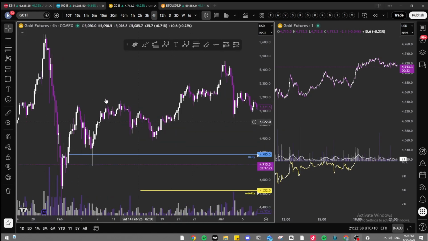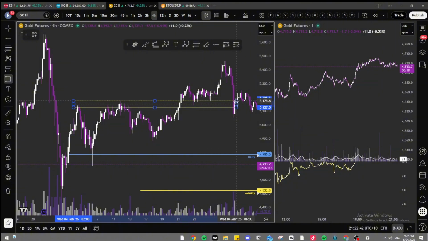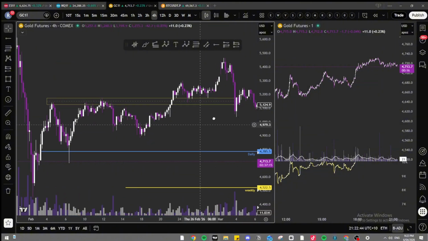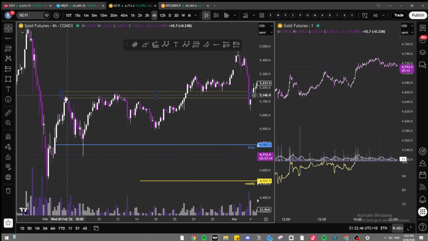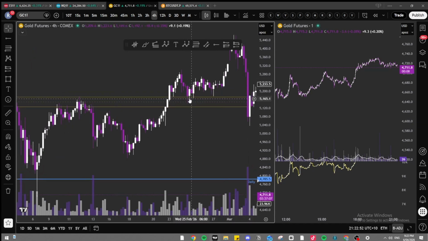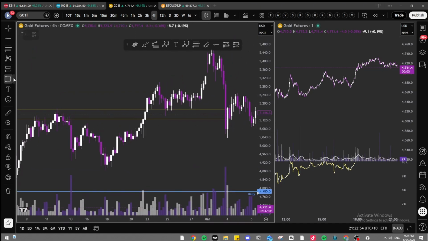I know we're backtracking a little bit now, but this is a clear example of acceptance above the range. What do we see? We see the key market structure point here, or the key range high here. We get a push up above it, we get a retest of it, and what do we see? We see time and price acceptance above it, right?